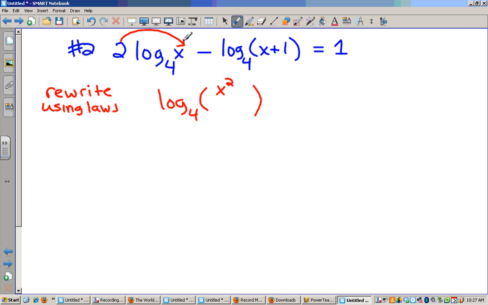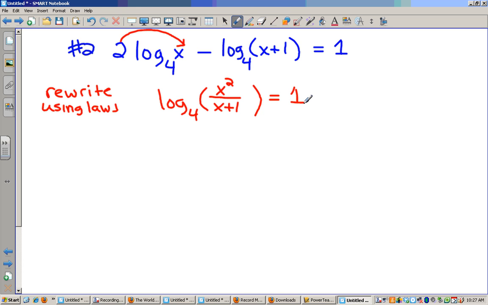Subtract means divide by x plus 1. Make sense? Equals 1. The number in front can be written as an exponent.